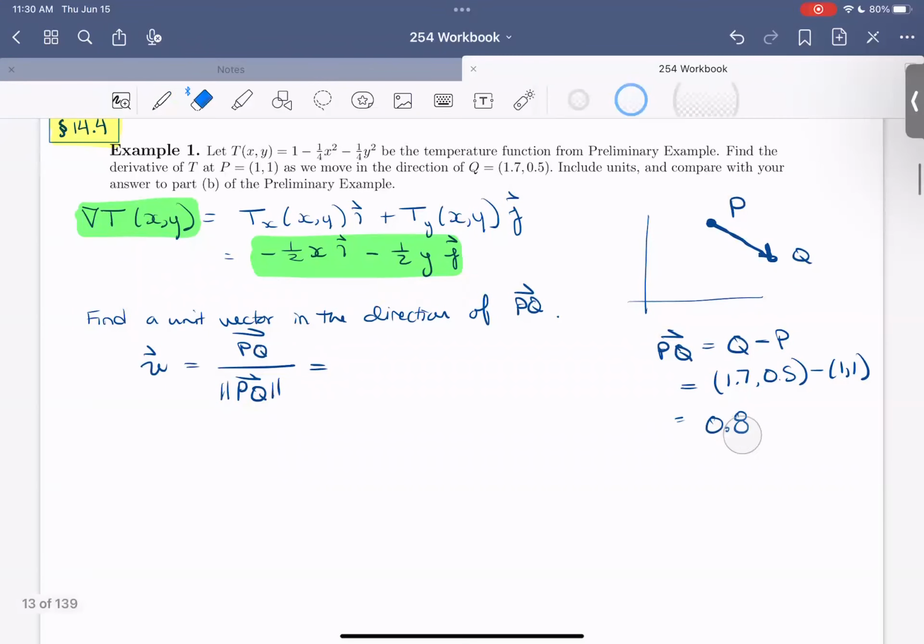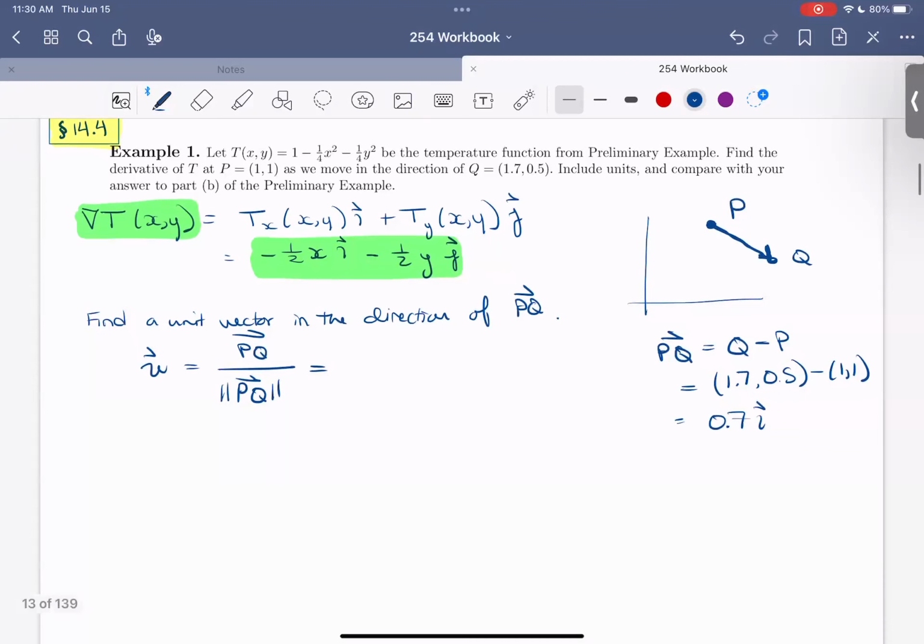Oops, one too big, not 0.8. It should be 0.7. So 0.7 i in the x direction. And then the y direction would just be negative 1/2, or negative 0.5 j. Okay, so there's our vector PQ.